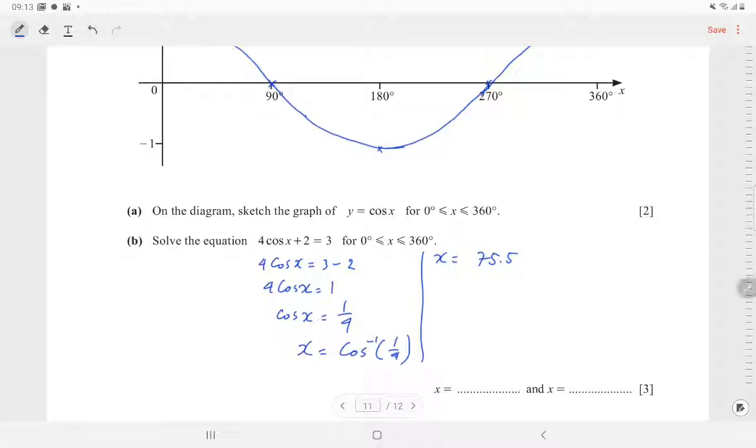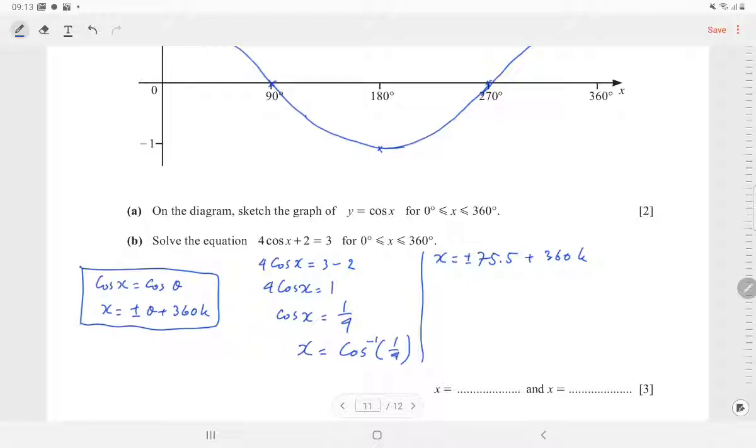When we have cos x equal to cos theta, we have x equal to plus minus theta plus 360k. This is the rule for cos. So this becomes plus minus 75.5 plus 360k.